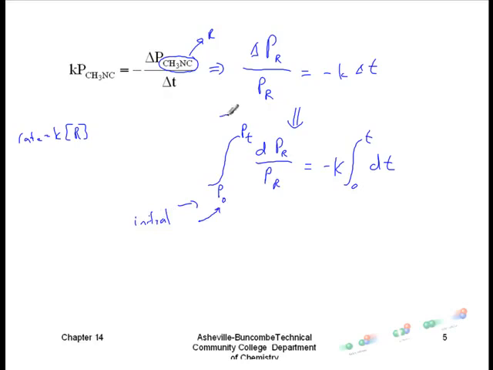And then this means we're integrating this expression from the initial concentration to a partial pressure at time t. So t is equal to some time during the reaction. And then the 0 time is here to, again, time t is the same value here, the dt.